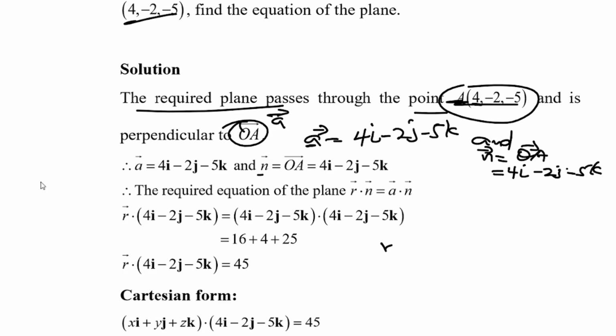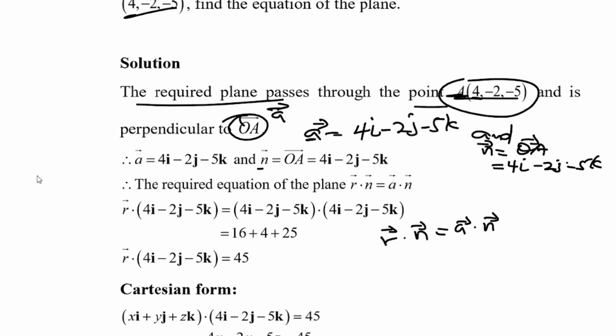So we have R dot N equals A dot N, and our N is 4i minus 2j minus 5k, as well as our A, which is also the same thing. So when you substitute, you are going to have R dot this equals A dot N. Our A and our N are all the same.